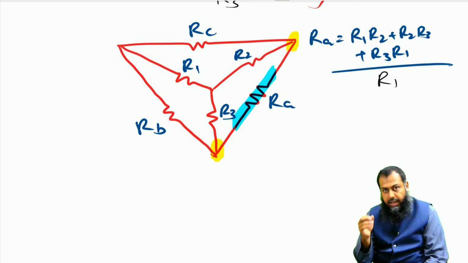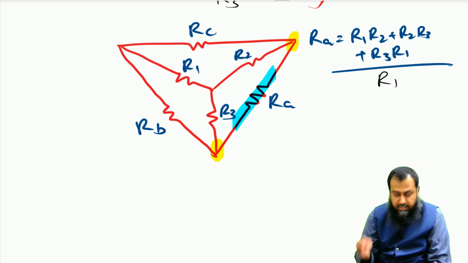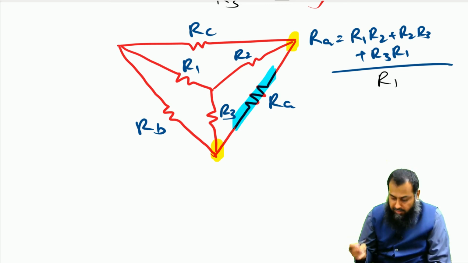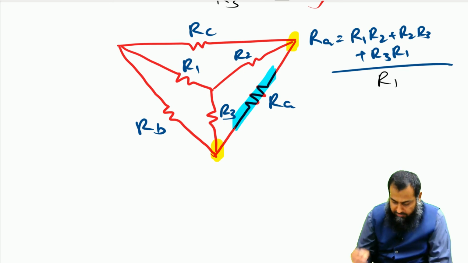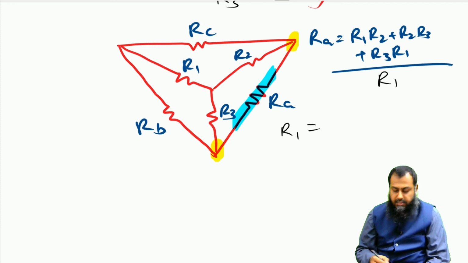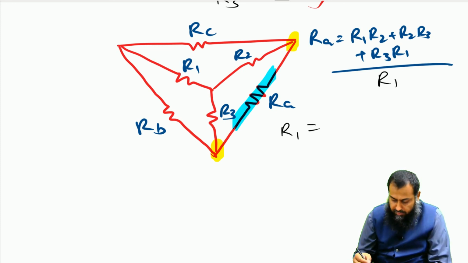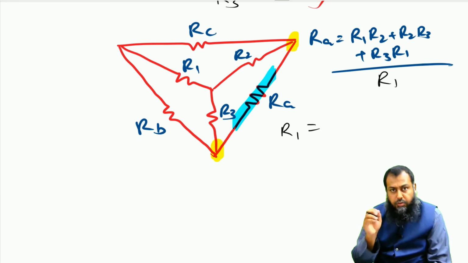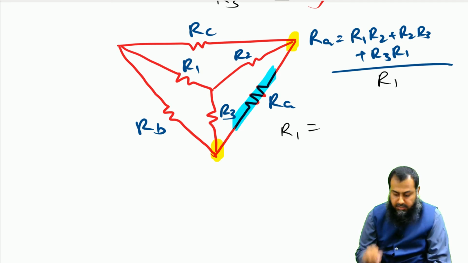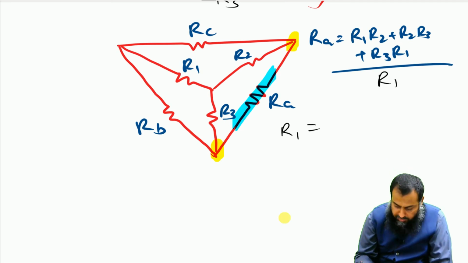If you want to convert any resistance, you just need to divide by the opposite one, and this is for converting a Y network into a delta network. Conversely, if you want to find the value of the resistance R1, we multiply the two resistances which have a direct connection with R1.